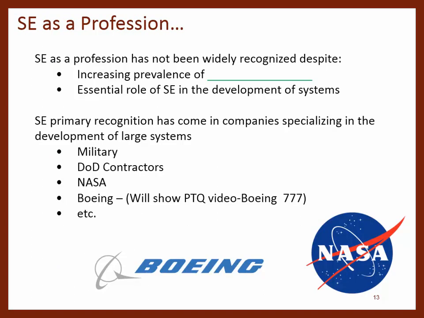This area of engineering as a profession has not been widely recognized despite the increasing prevalence of complex systems and the essential role of systems engineering in development of systems. However, I can tell you that within the industrial engineering field, there's a movement into integrating systems engineering as part of the profession.